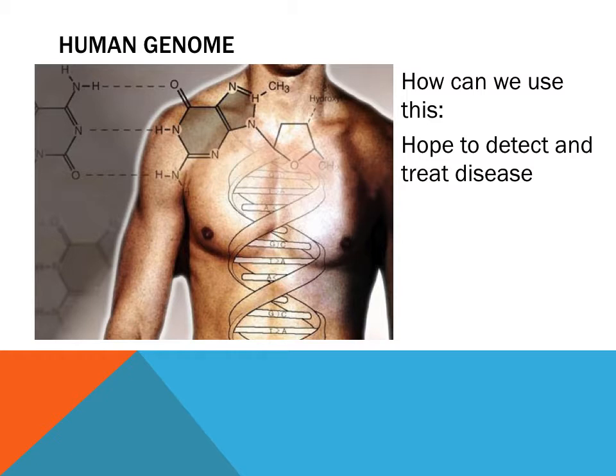What if we can remove the gene that controls cancer and we can cure cancer? Or what if we can determine the gene that causes Alzheimer's or Parkinson's disease or diabetes or strokes, and remove that DNA and replace it with healthy DNA? Then we can probably lead healthier lives, or who knows, maybe even live forever.